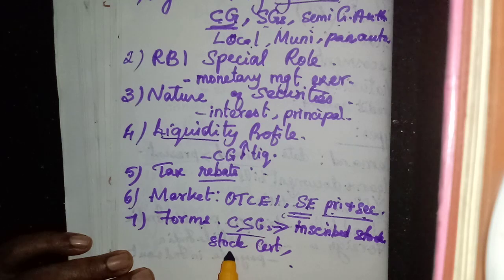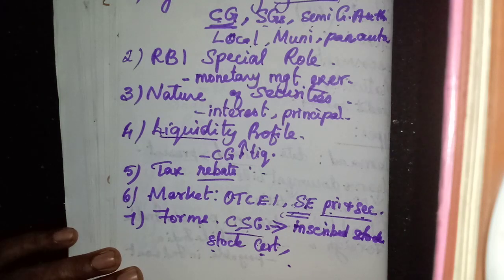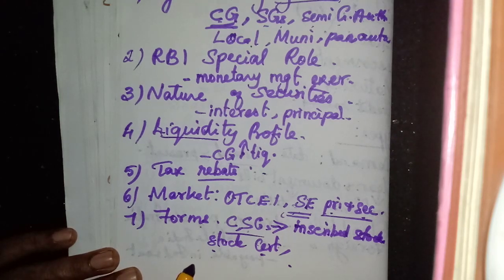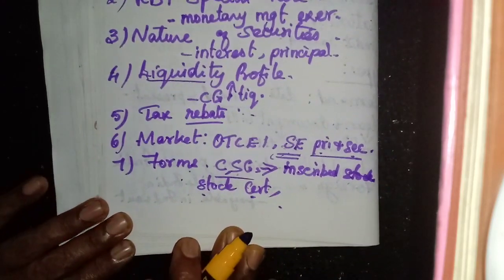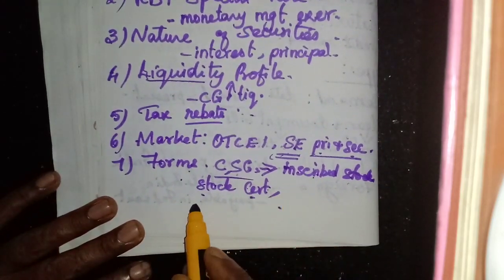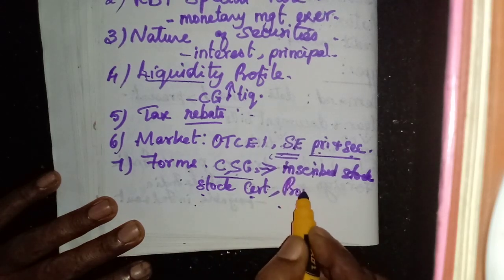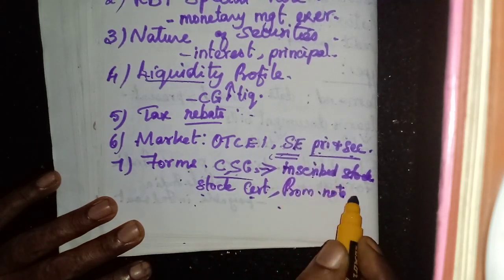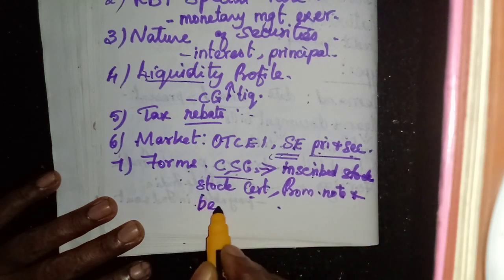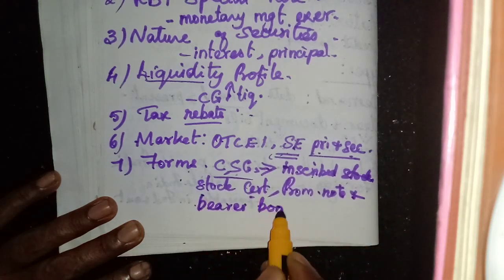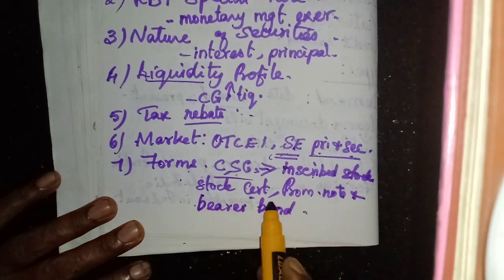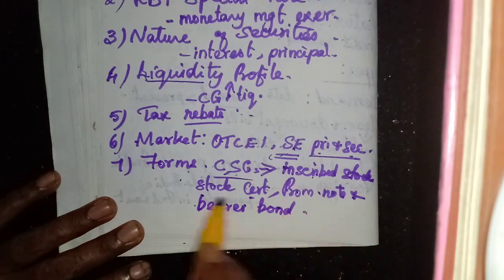It is in the form of a stock certificate issued by the corporation, and that is called gilt-edged securities. It is in the form of inscribed stock, stock certificate, or promissory note, and it is called a bearer bond. You can say it as a bond also. Promissory note, stock certificate, bearer bond, inscribed stock, it has different names. That is called forms.